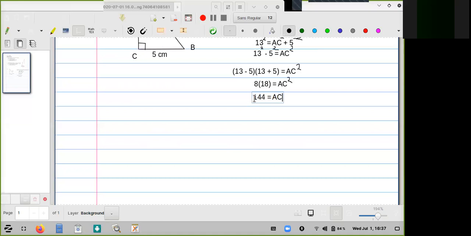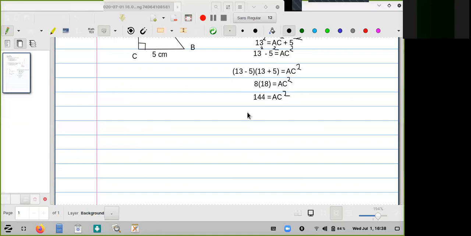Now, what is the number that we are going to square to come up with 144? You will find out that the number that we are squaring there is 12.